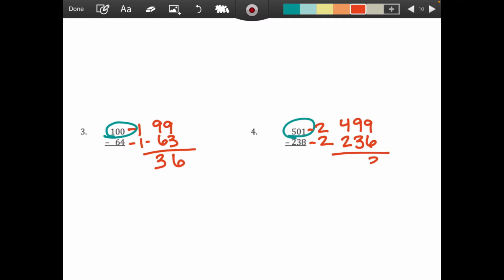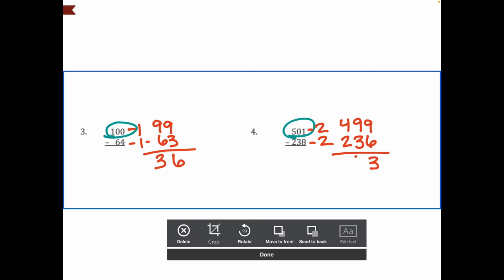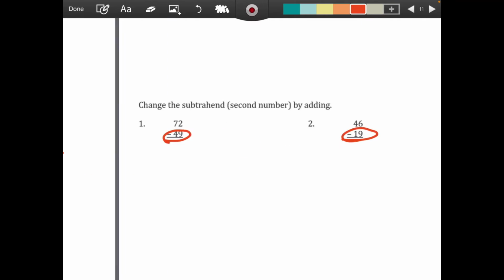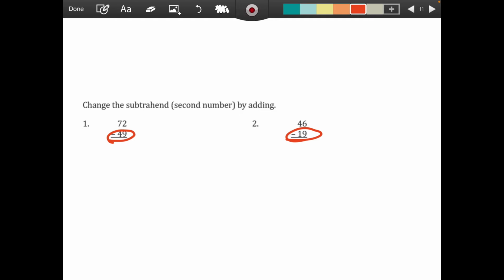And that's going to give me 3. 9 subtract 3 is 6. And 4 subtract 2 is 2. So star or circle.